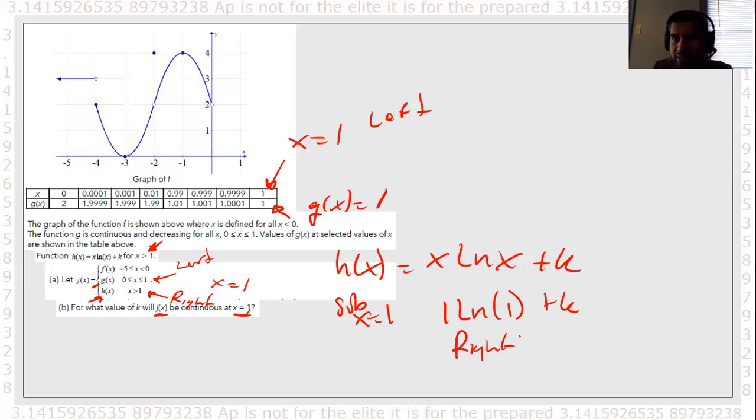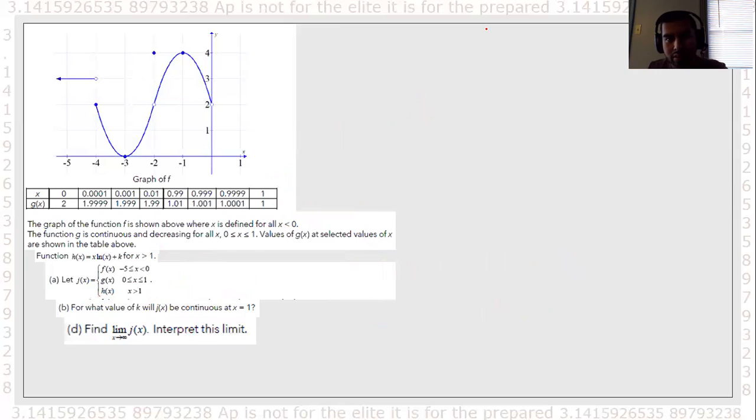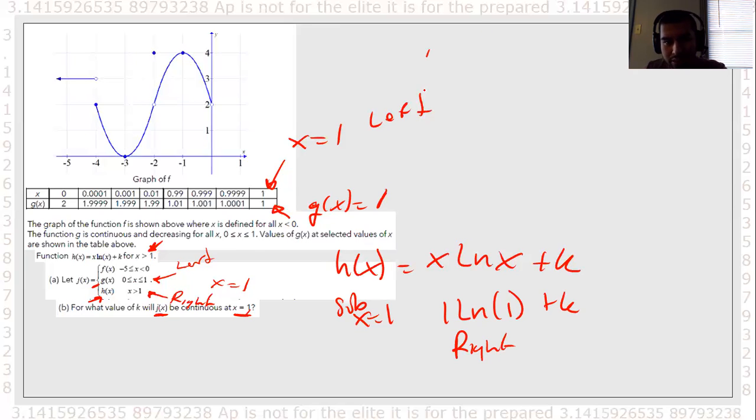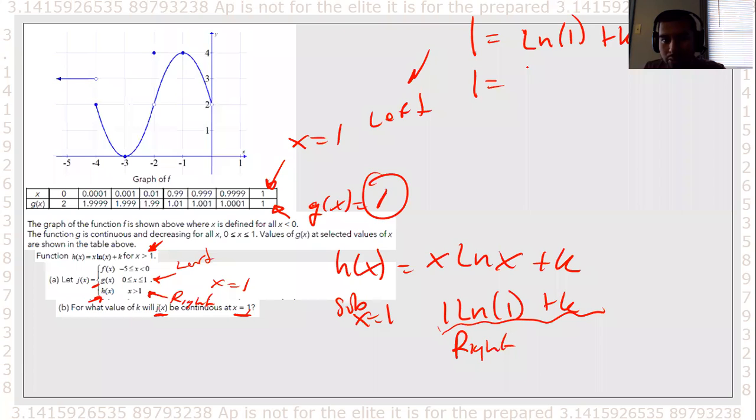So all we have to do, guys, is substitute the left and check if it equals the right. So on the left, we said that it was 1, equals the right, ln of 1 plus k. So 1 equals ln of 1, which is 0, plus k. So my k is 1.